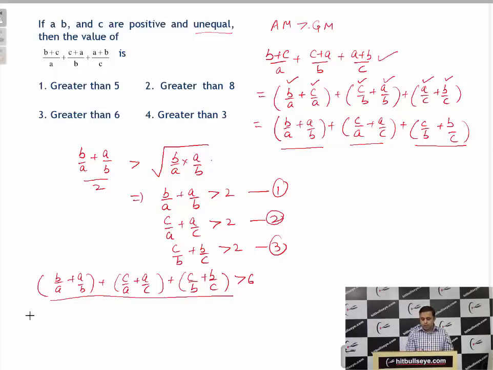So we can simply replace this one by B plus C divided by A plus C plus A divided by B plus A plus B divided by C. So this expression is greater than 6. That means the value of the given expression is greater than 6. And option 3 is our choice.